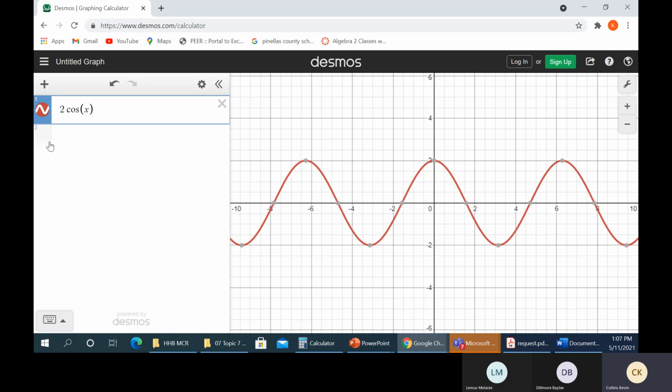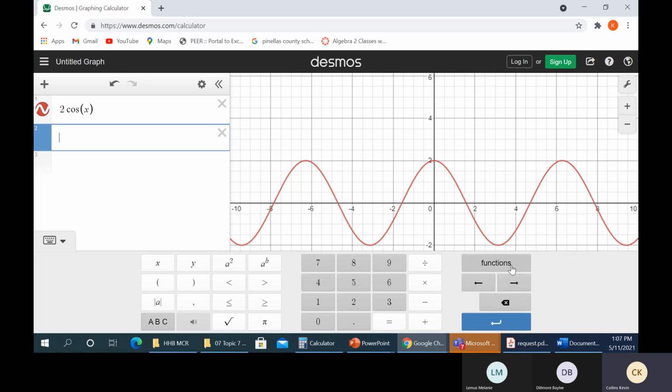So let's just do another one here so we can compare. Let's get out our cosine function again, cosine x. We'll make it 2 cosine x so they match up. So now the red one and the blue one are the same, right?